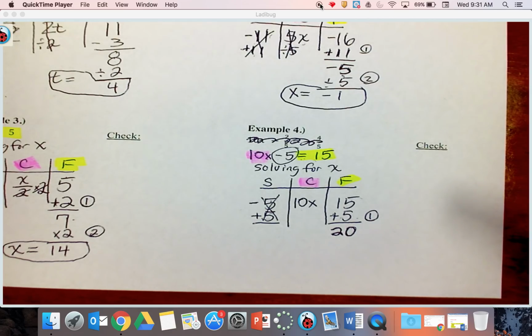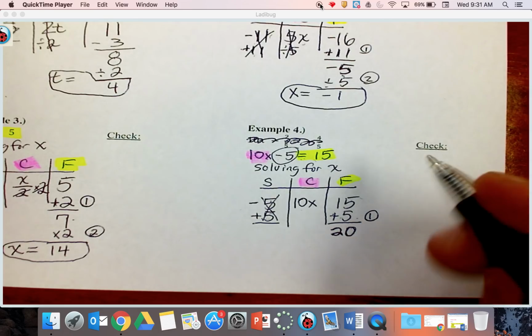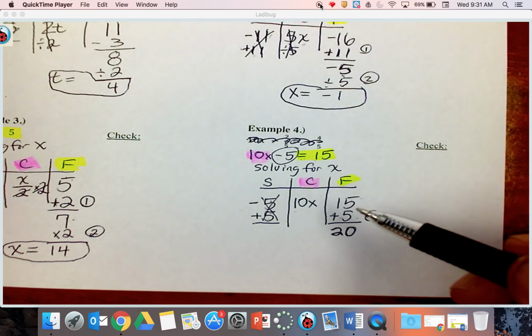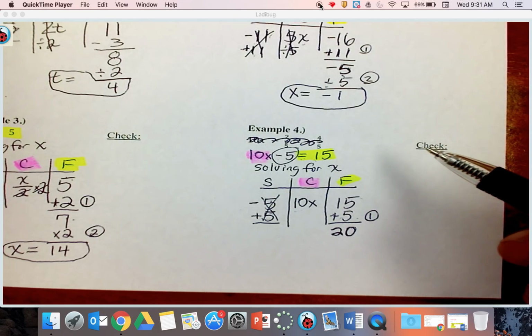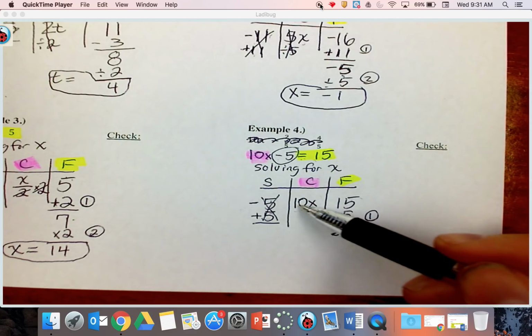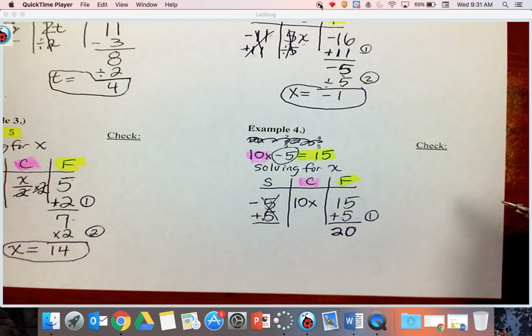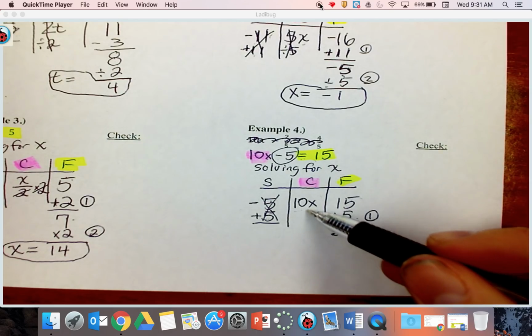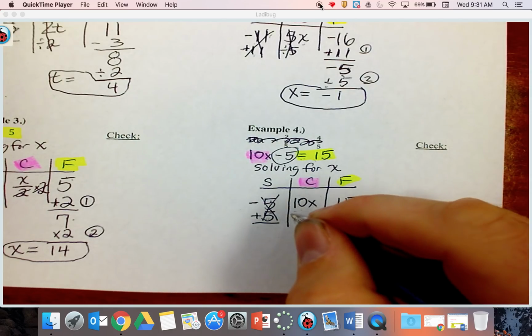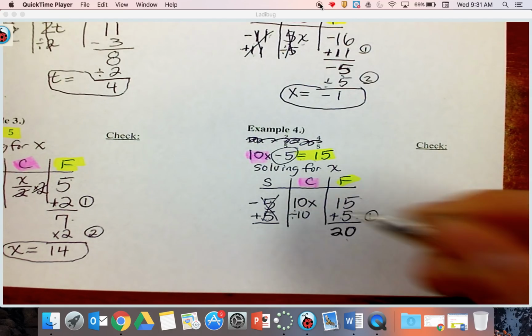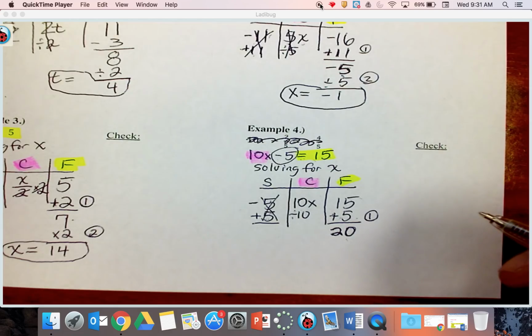Now I need to do my second step. My second step, remember, is to take the change. That's either divide or multiply. So in this case, it's being multiplied. 10 times x. So what's the opposite of multiplication? Division. I'm going to divide this, move the 10 over to my finish by dividing just the 10, not the x, because that's what I want to solve for.